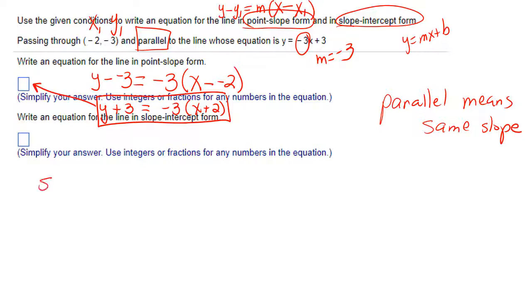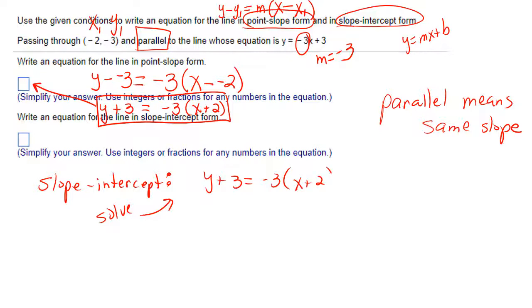My second answer must be in the slope-intercept form. So I take the first answer and solve. My first answer, y plus 3 equals -3 times x plus 2. I use the distributive property, and I get -3x minus 6. Then I subtract 3 on both sides, and I get -3x minus 9.